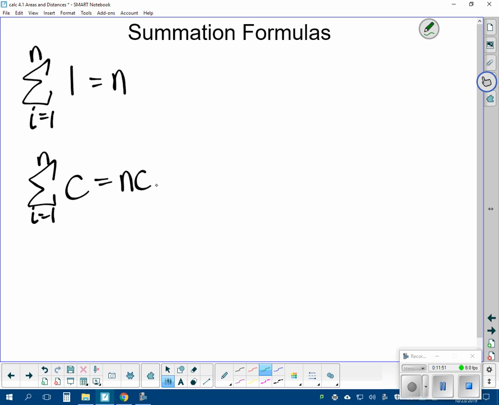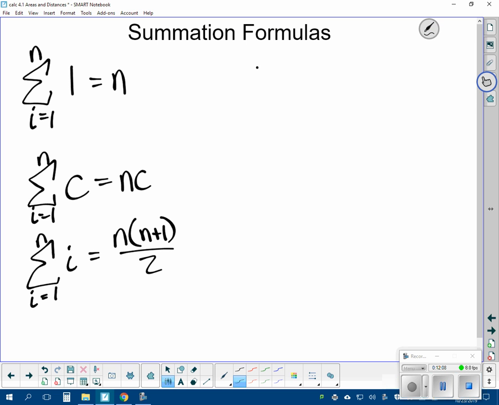Well, that would be n times c. i equals 1 to n again of i, that actually gives you n times n plus 1 over 2. i equals 1 to n of i squared is n times n plus 1 times 2n plus 1 all over 6.